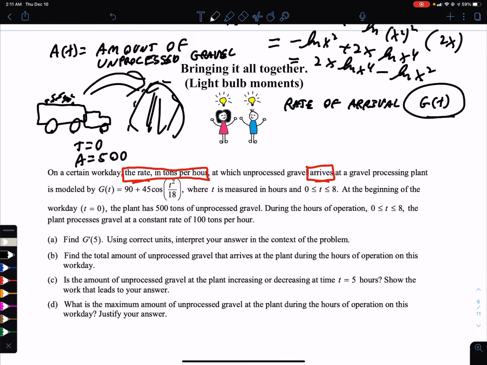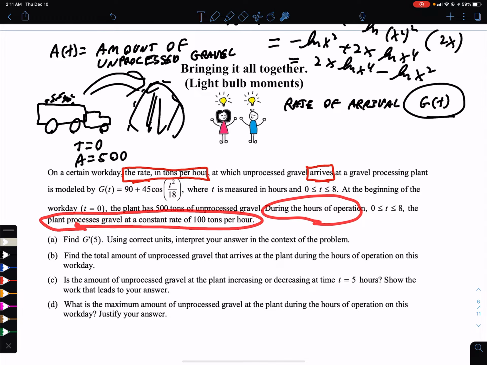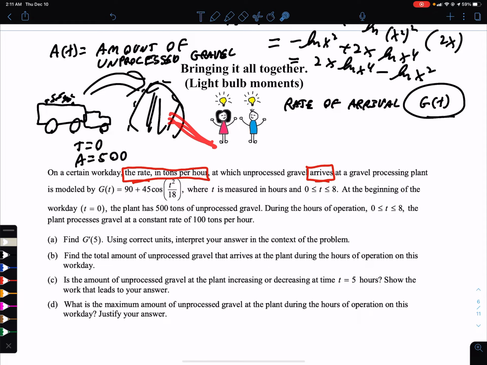But then we read, during the hours of operation, the plant processes gravel at a constant rate of 100 tons per hour. So they're taking this pile of gravel and they're processing it. I don't know if they're cleaning it, they're doing something. So the truck's bringing stuff and then gravel's being taken away. And how fast is it being taken away?